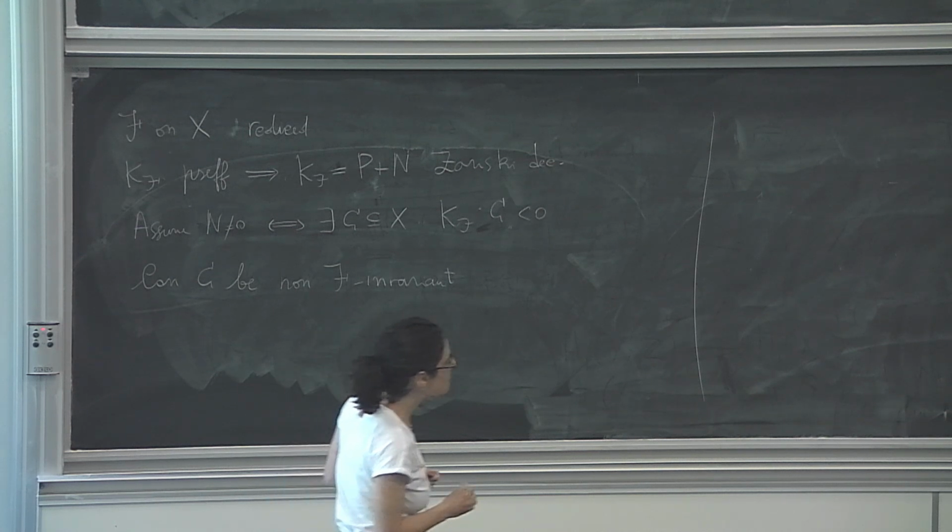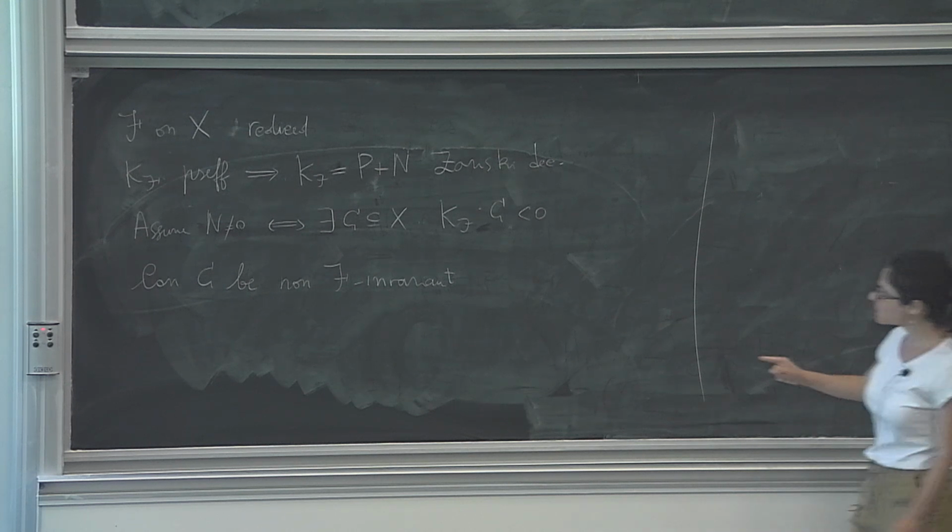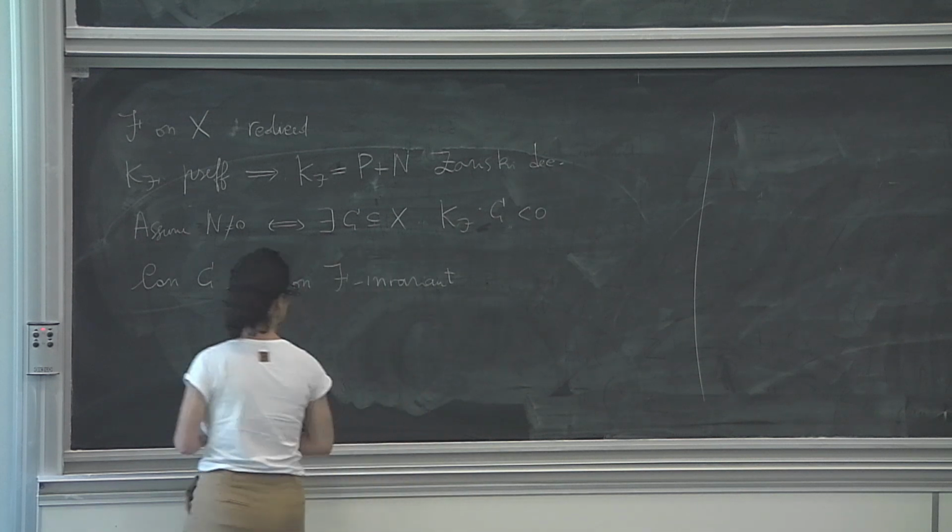I erased, I think. Yes, so sorry, it's here. We've seen that if we blow up a smooth point for the foliation, we get a curve with -1 intersection with the canonical. And that one was F-invariant. So can this happen? Can C be non-F-invariant?